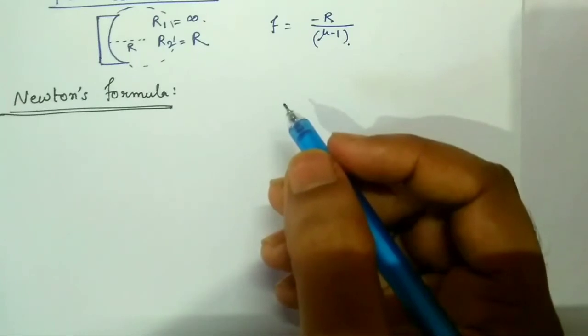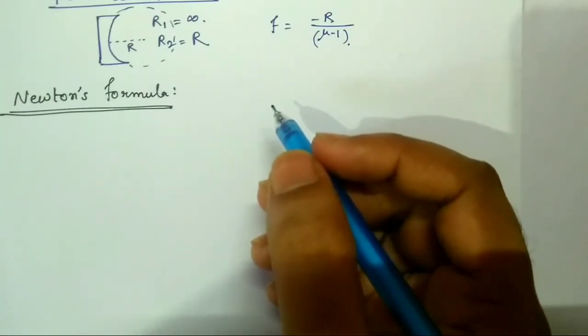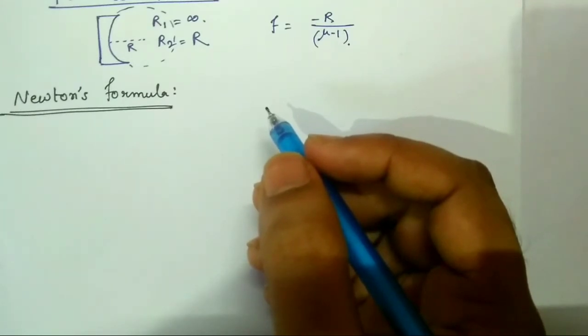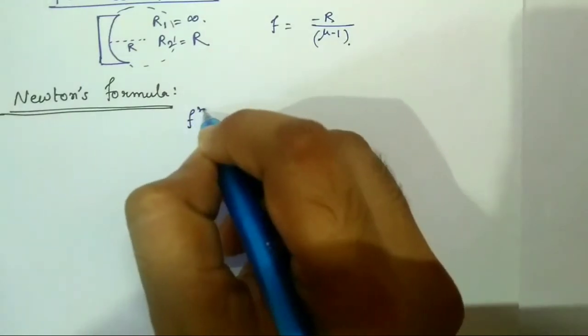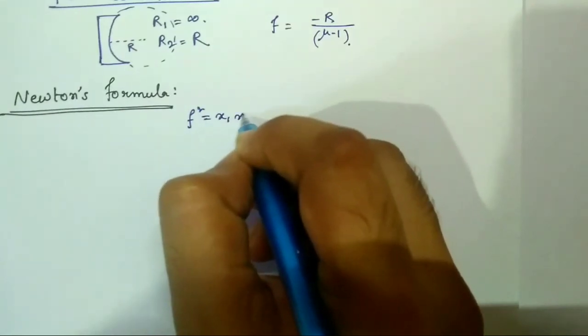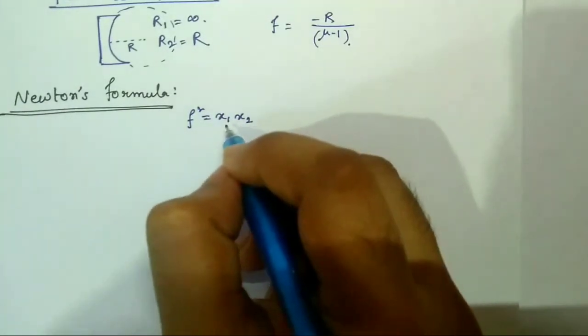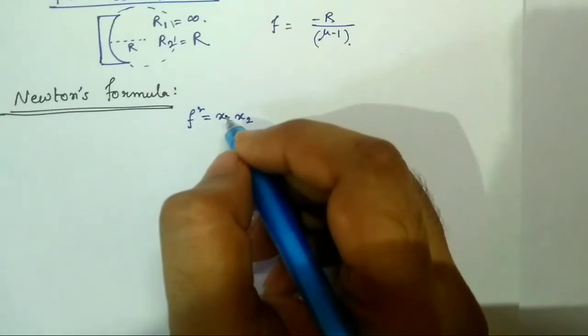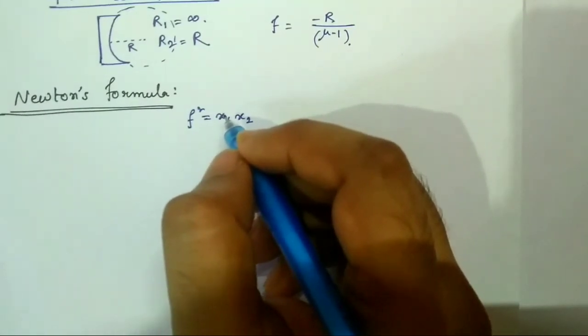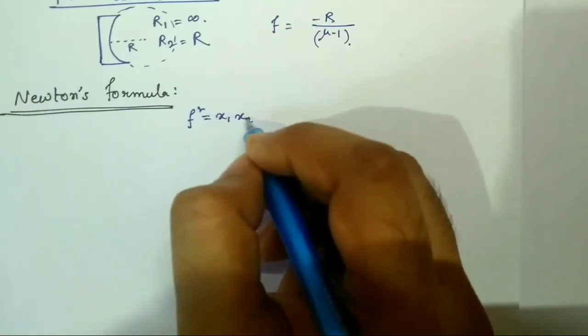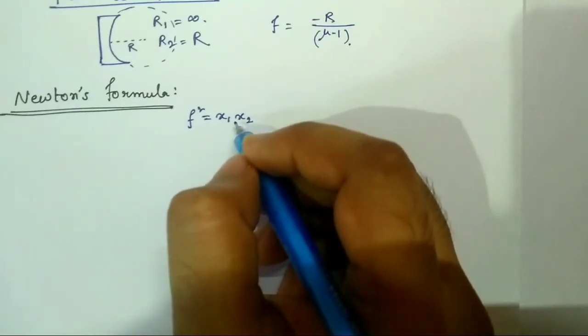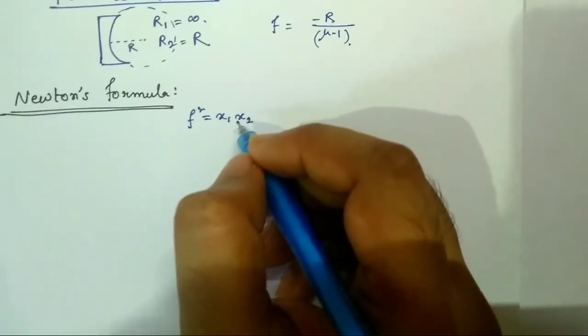If the object distance and image distance are measured from the first and second principal foci instead of the optical center, then f square will be equal to x1 into x2, where x1 is the object distance from the first principal focus and x2 is the image distance from the second principal focus.